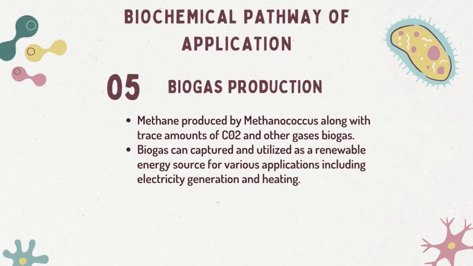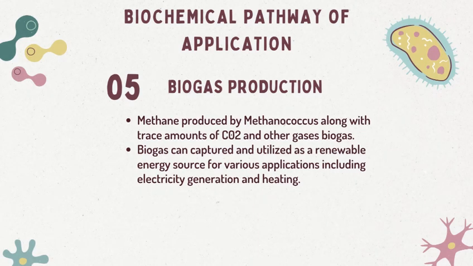As we know, methane gas is produced by Methanococcus, and along with trace amounts of carbon dioxide and other gases, it forms biogas. Biogas can be captured and utilized as a renewable energy source for various applications, including electricity generation and heating.